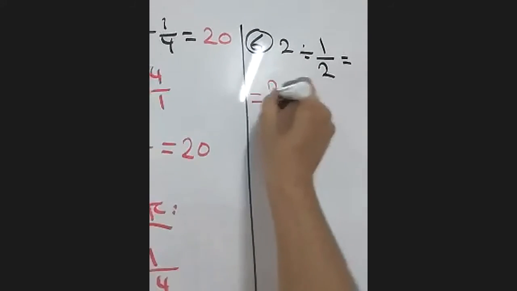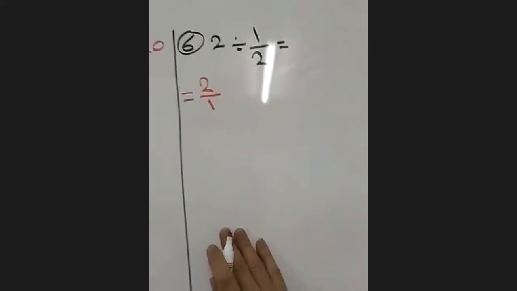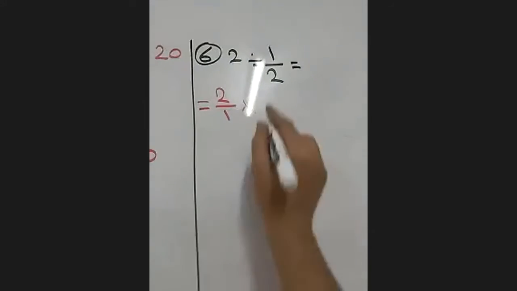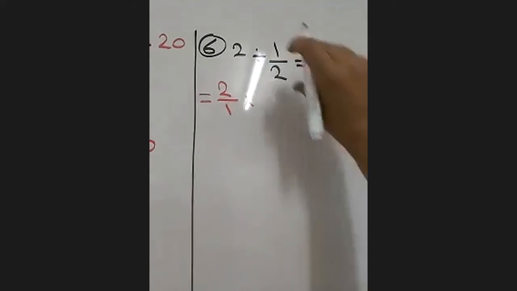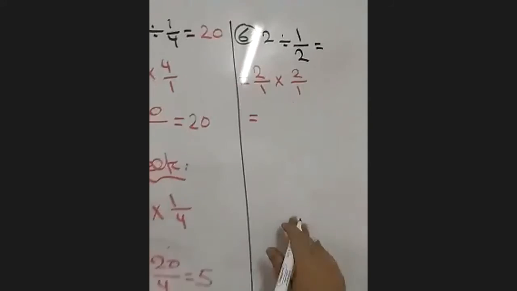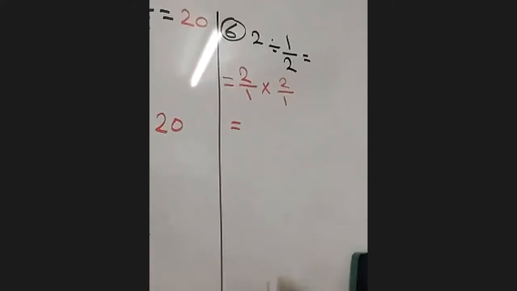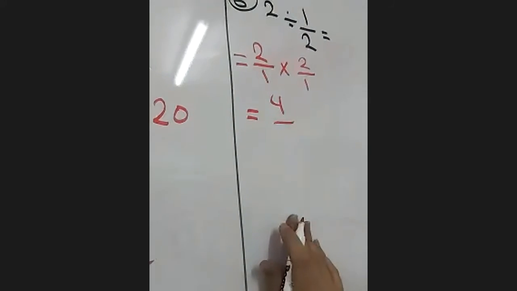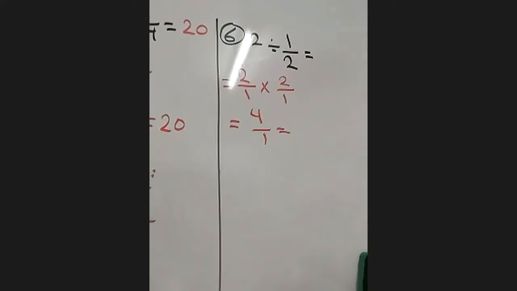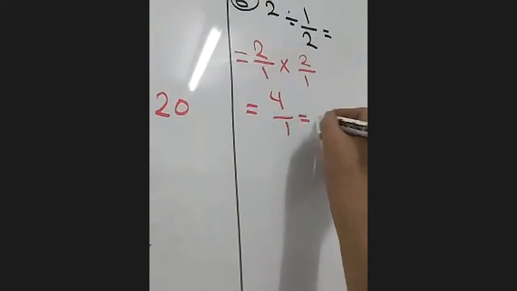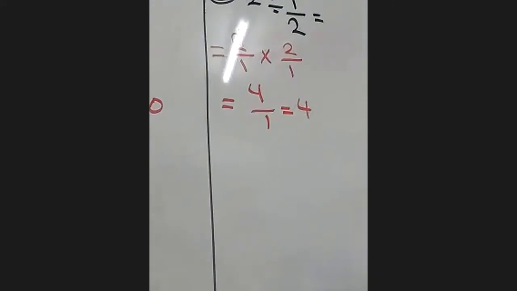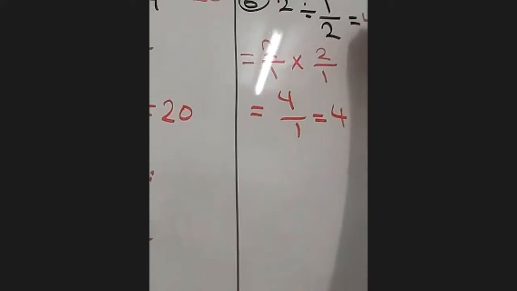We will let the 2 go down with the 1, and multiply. 2 over 1. We do the reciprocal: 2/1. Then 2 multiply 2, 4 over 1. 4 divided by 1 is what? 4. The answer is 4.